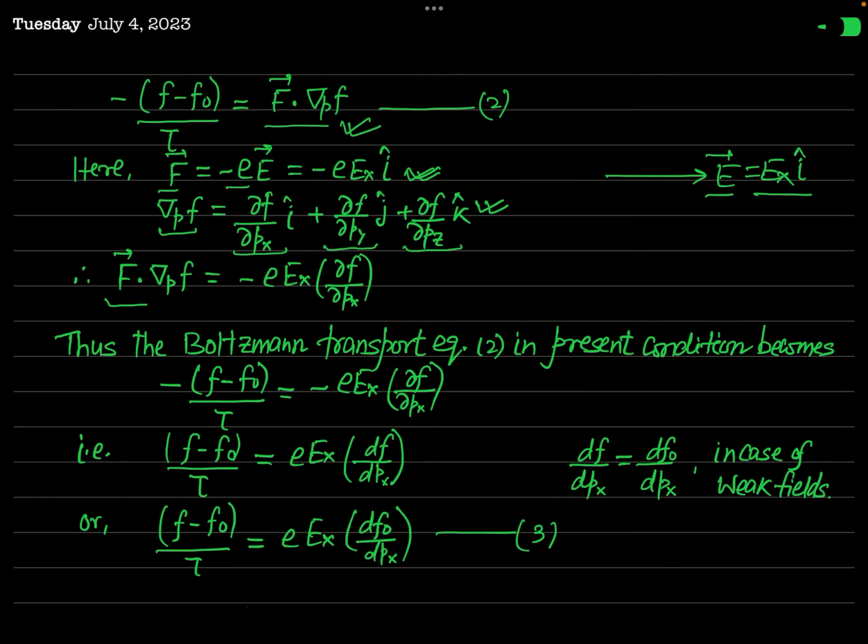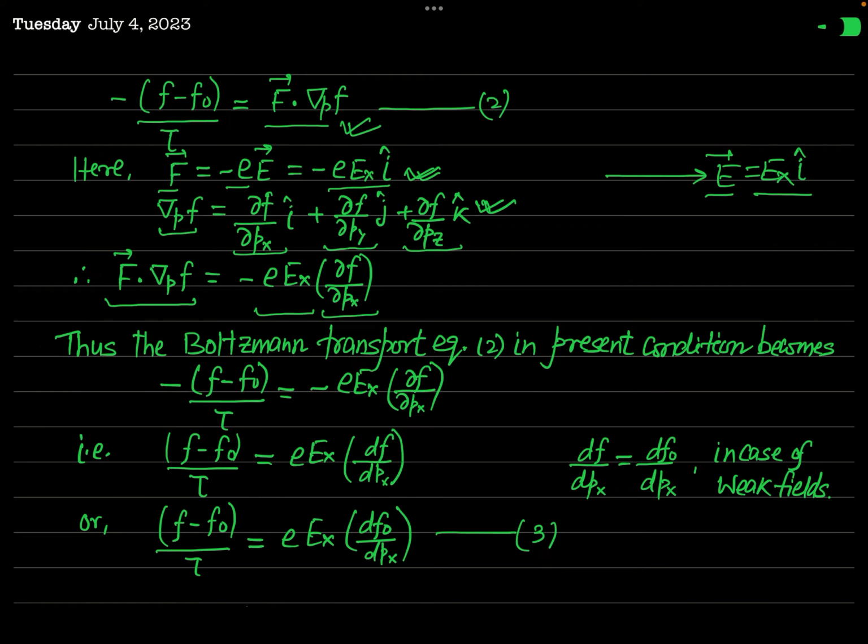Now you can see what this scalar product F dot del p f will be. When you take the scalar product of this minus e Ex i with this, only i dot i will be 1 and i dot j, i dot k will be 0. So your result will be minus e times Ex del f by del Px. Okay. This is a very simple calculation.